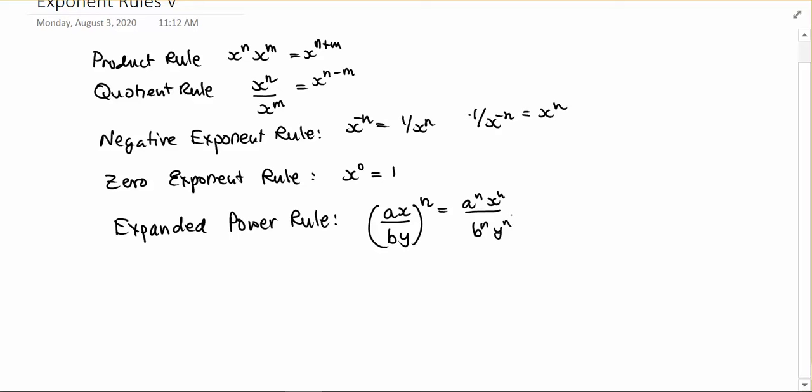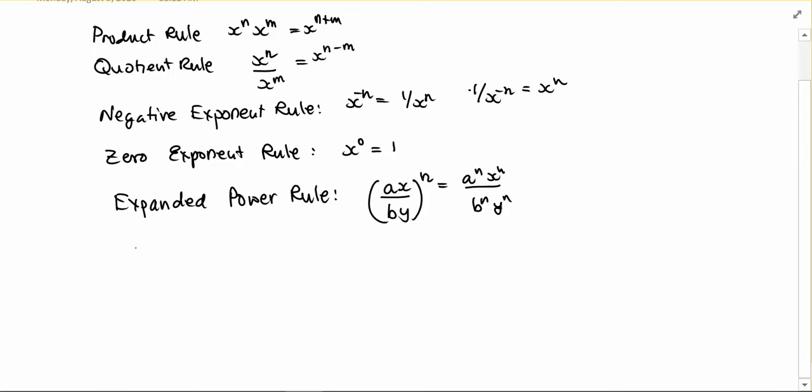And then there's one more rule, and that is the power rule for exponents. That is x to the n to the m is n times m.